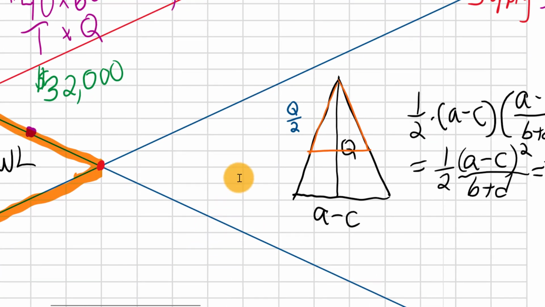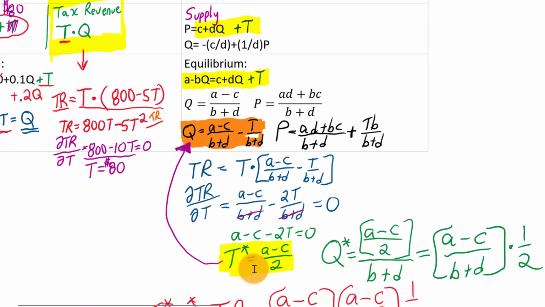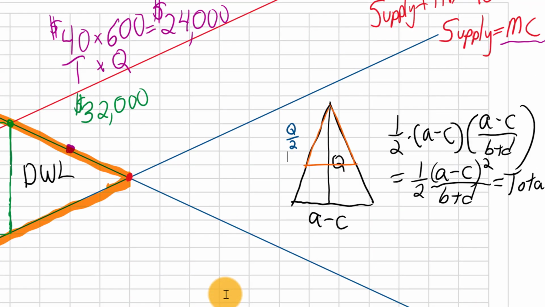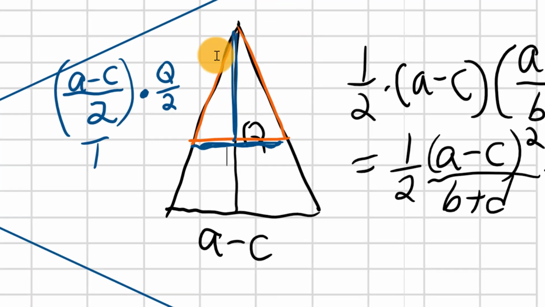So we take our expression for the tax level, which is (A minus C) over 2, and that's the base of the triangle down here, and we know the height is the original equilibrium quantity, (A minus C) over (B plus D), over 2.